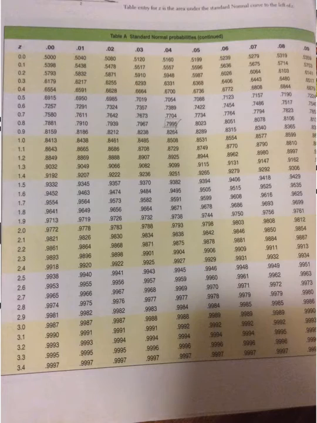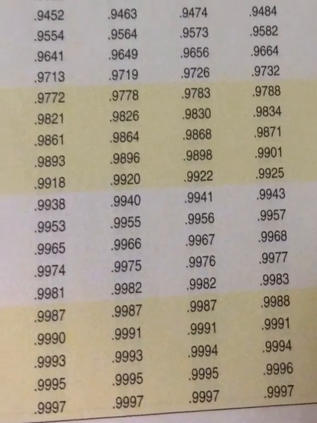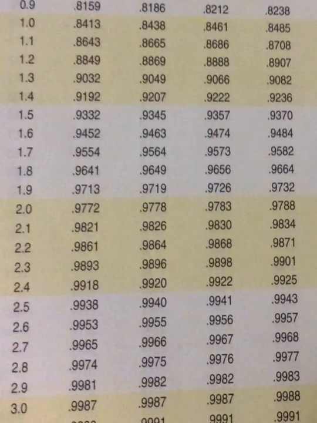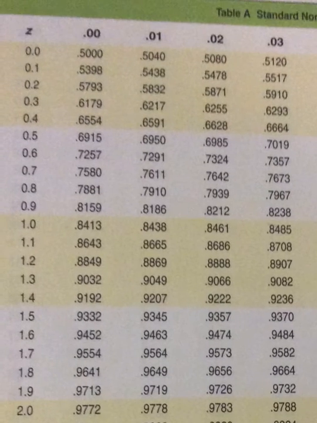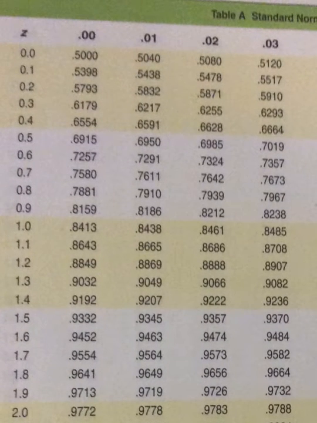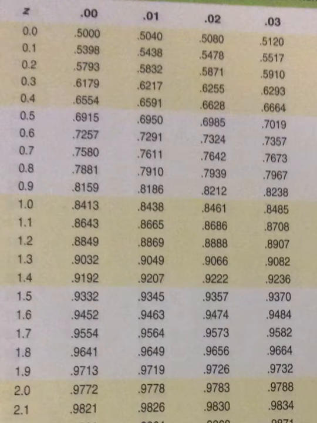Here is table A. We're going to look for 1.5, and it's right here. It was exactly 1.5. If it was 1.52, it would be over there, but we had 1.5 exactly.